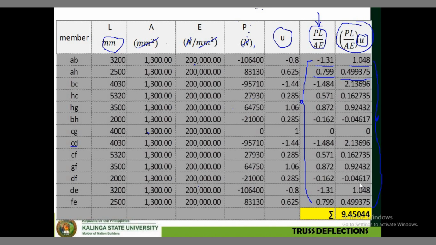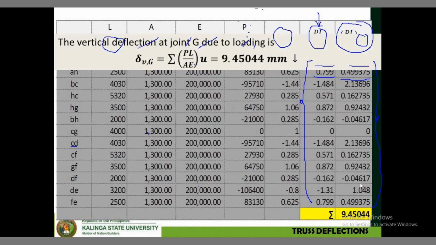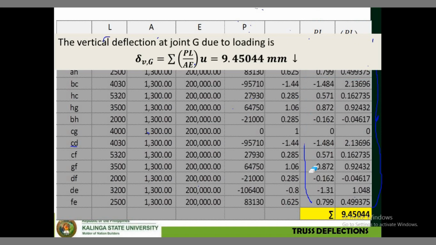So after taking the summation, I can say now that the vertical deflection at joint G due to loading is equal to 9.45044 millimeters. Downwards, positive yung lumabas na sagot dito. So, ibig sabihin, yung assumption ko kanina ay tama.